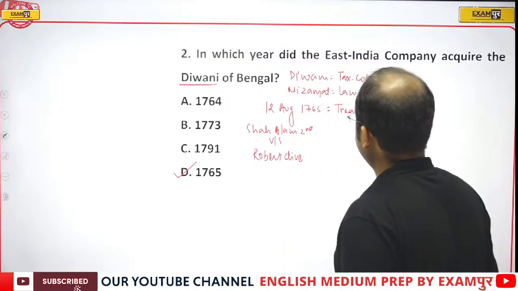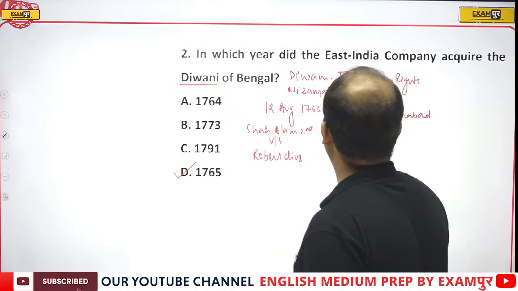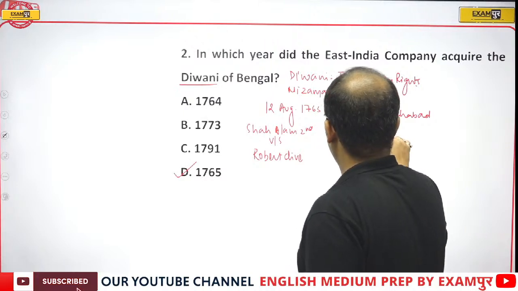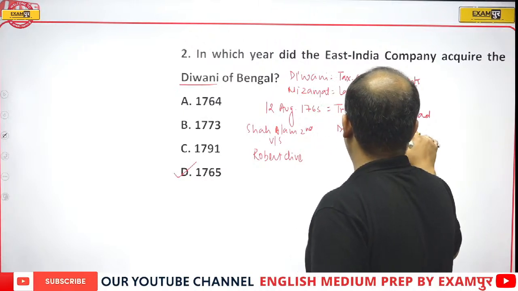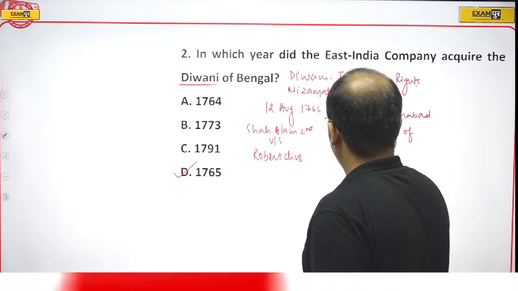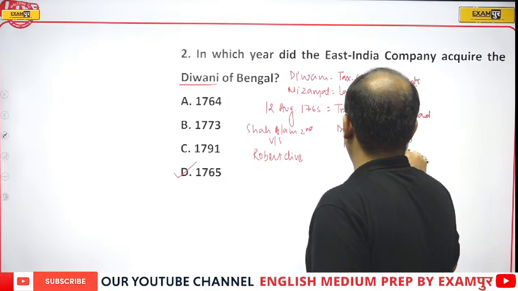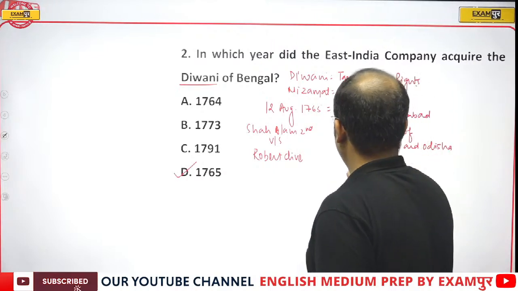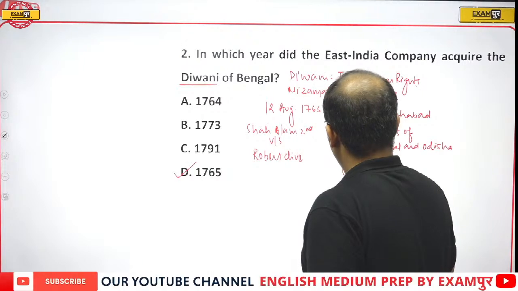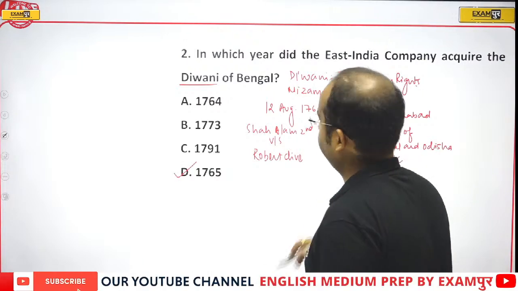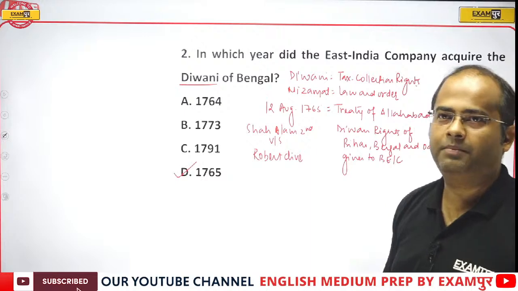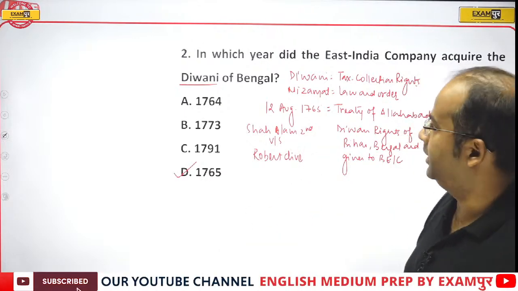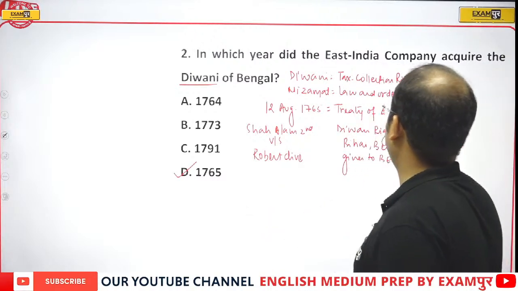In this it was said that the Diwani rights of Bihar, Bengal and Odisha will be given to the British East India Company. That was the Treaty of Allahabad.